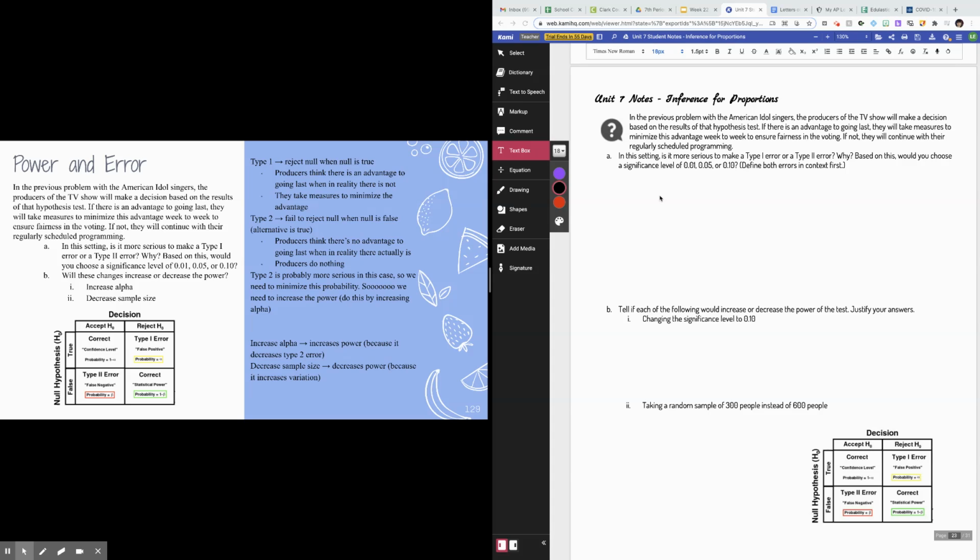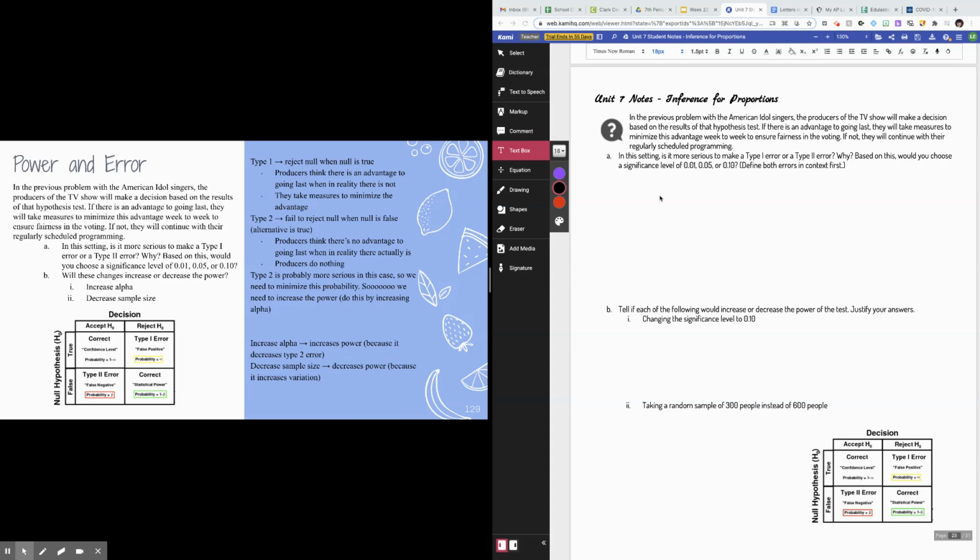If there is an advantage to going last, then they want to do something about that, right? Take measures to minimize that from week to week, like switch up the order of people. You can't have the same person being the last performance 2 or 3 weeks in a row, right? You'd want to switch that around, okay? But if the test says that it's not a problem, then they're just going to continue with what they're already doing, right?